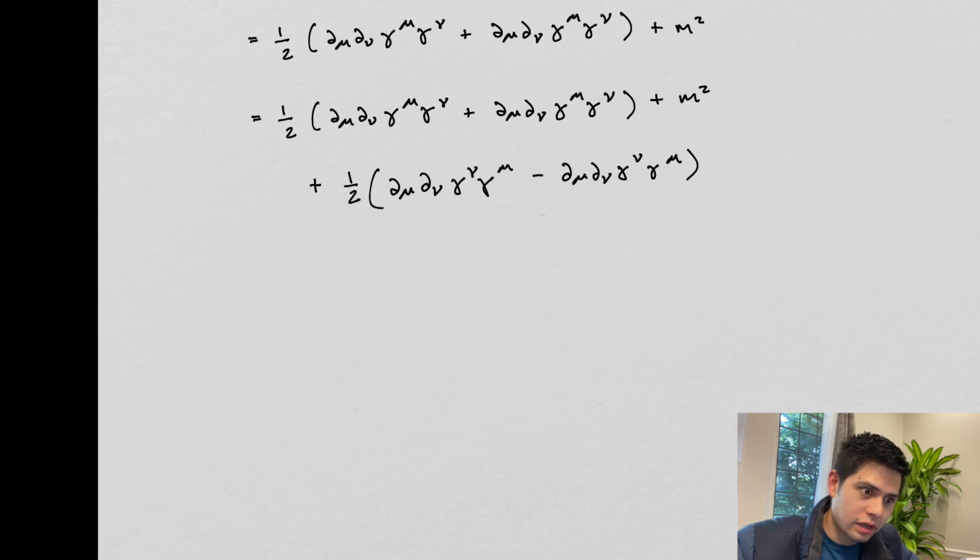But if we notice now, this forms a commutator with this, and this forms an anti-commutator with this.